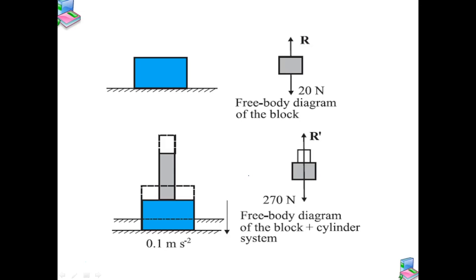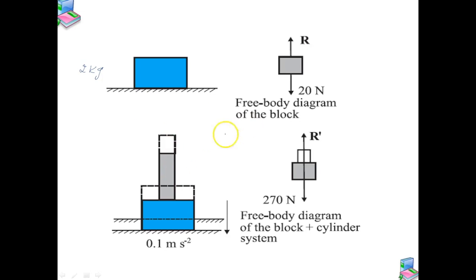Here in the first case, they have given a wooden block of mass 2 kg, resting on a soft horizontal floor.